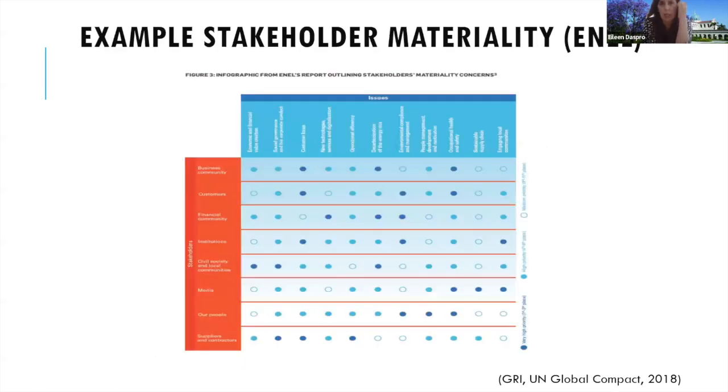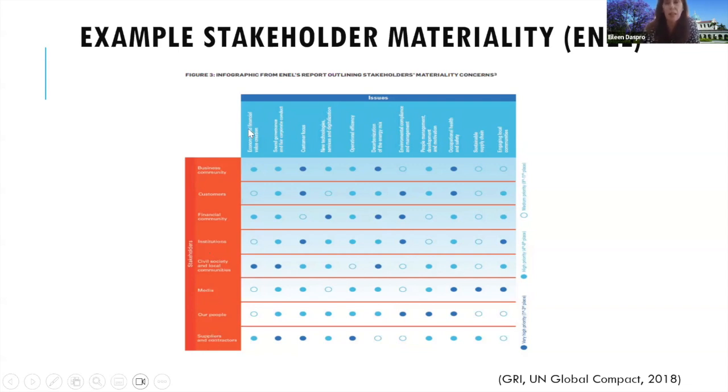So this one's a little bit hard to see, but I'll point out what you need to be able to visualize from it. This is from another energy company, Enel. Basically, this is the product of their materiality mapping. They've consulted all of their different stakeholder groups, the community, customers, investors, the media, their suppliers, employees, et cetera.